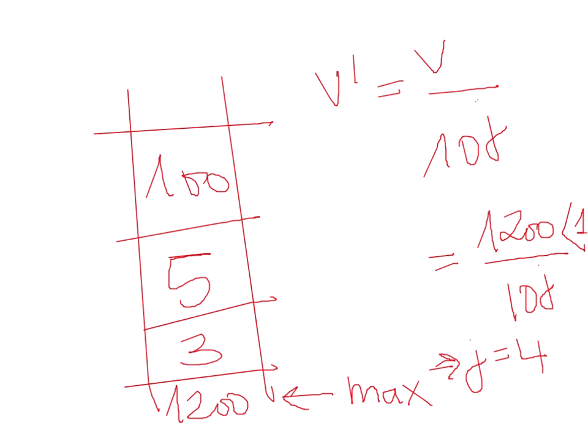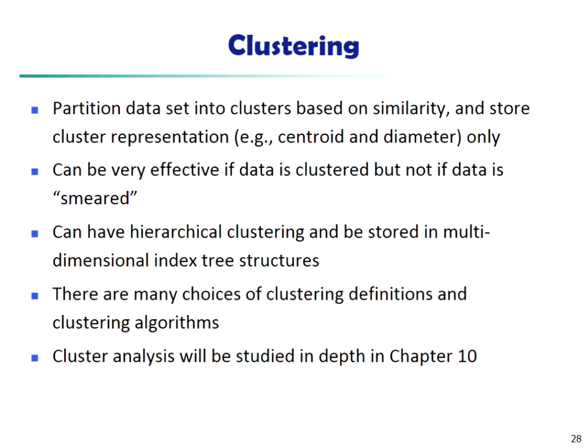Because if g equals 3, the value will be 1200 divided by 1000, which equals 1.2. It is not less than 1. For this reason, we have to use the smallest g, equal to 4, not 5 or 6, the smallest.